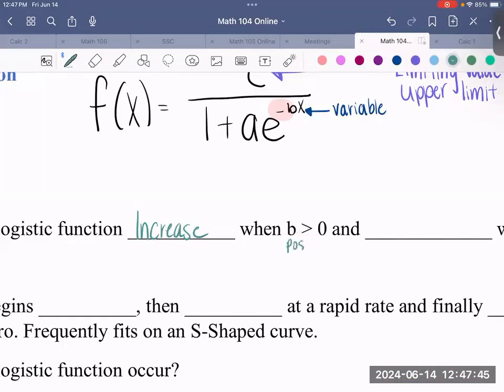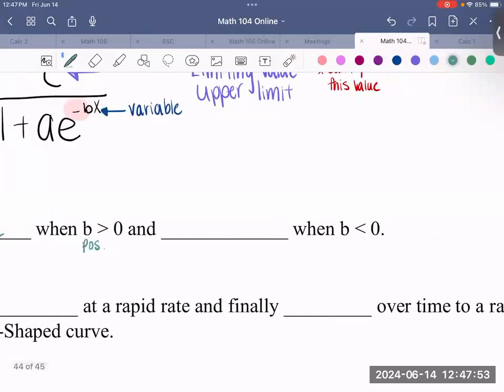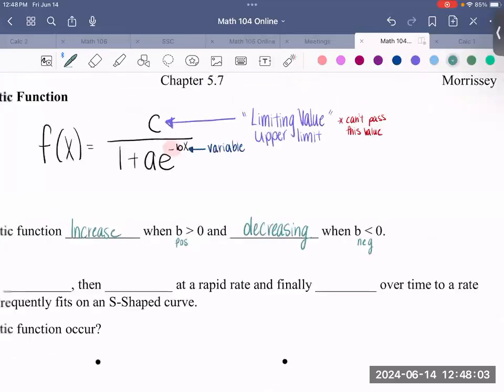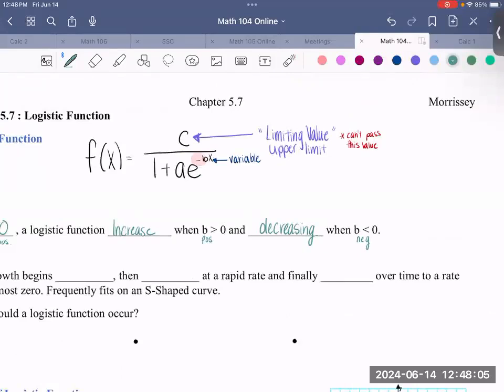So B is also positive. We're going to be seeing an increasing trend when B is greater than 0, or when B is less than 0, so when B is negative, we're going to see a decreasing trend. So pretty much, is your graph going to go up or is your graph going to go down?